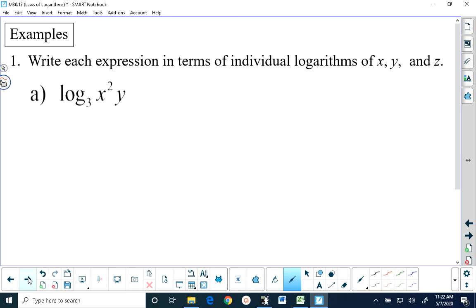All right, let's take a look at some examples. The first example asks us to write each expression in terms of individual logarithms of the variables. I want to point out to you that when you see log base 3 followed by x squared y, it's implied that it's the logarithm of the entire thing.